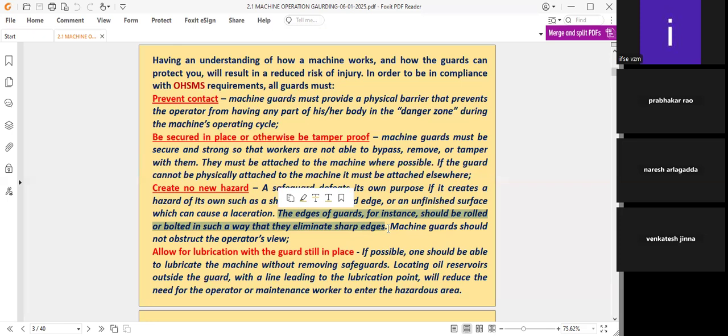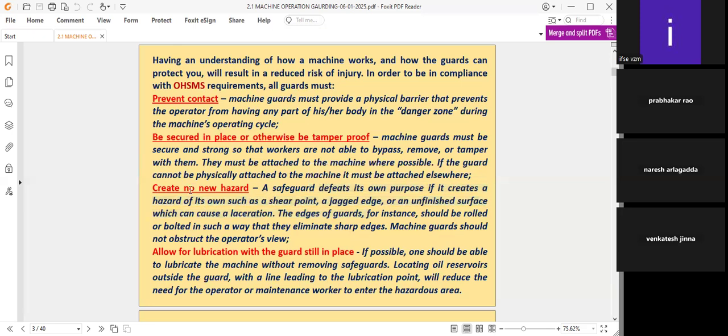The machine guard should also not obstruct the operator's view. What we need to say here is, creating no new hazard means the guard edges should not be sharp. Therefore, the operator who is working nearby will not be exposed to any wounds, hazards or risk.